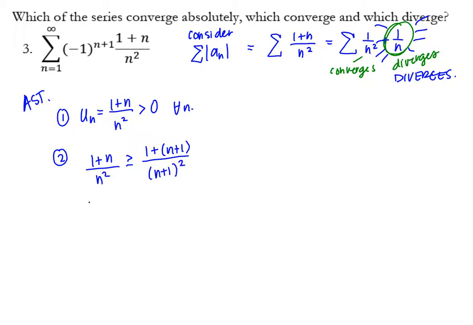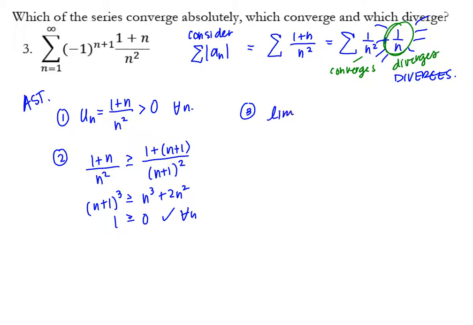Do a little algebra here. We find that n plus 1 cubed is greater than or equal to n cubed plus 2n squared, which simplifies eventually to 1 greater than or equal to 0, which is true for all n as well. So the third thing we need to do is check that these terms approach 0.